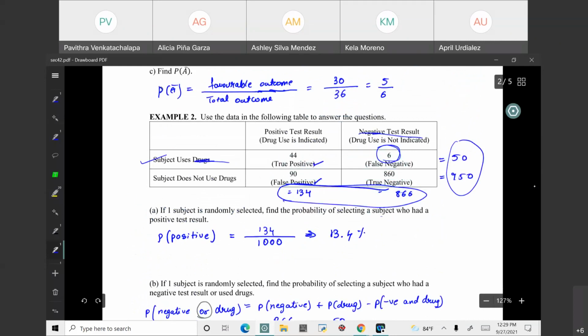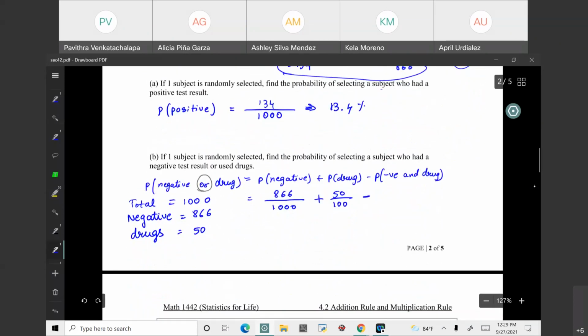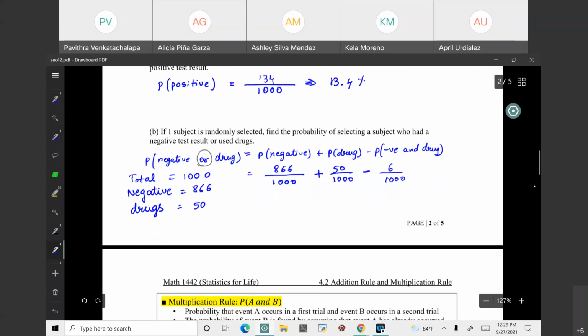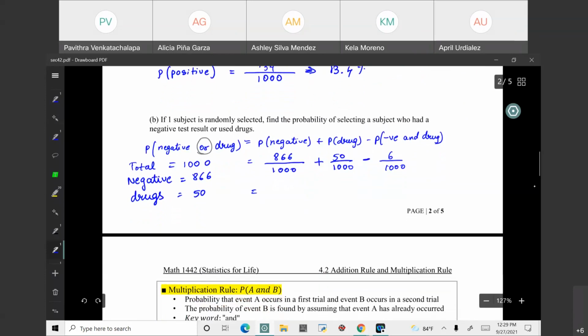Drugs and tested negative is 6. So 6 out of 1000. It shares the same denominator. Now add everything. You must be getting 910 divided by 1000. Convert this into a percentage. It is 91%. Okay?